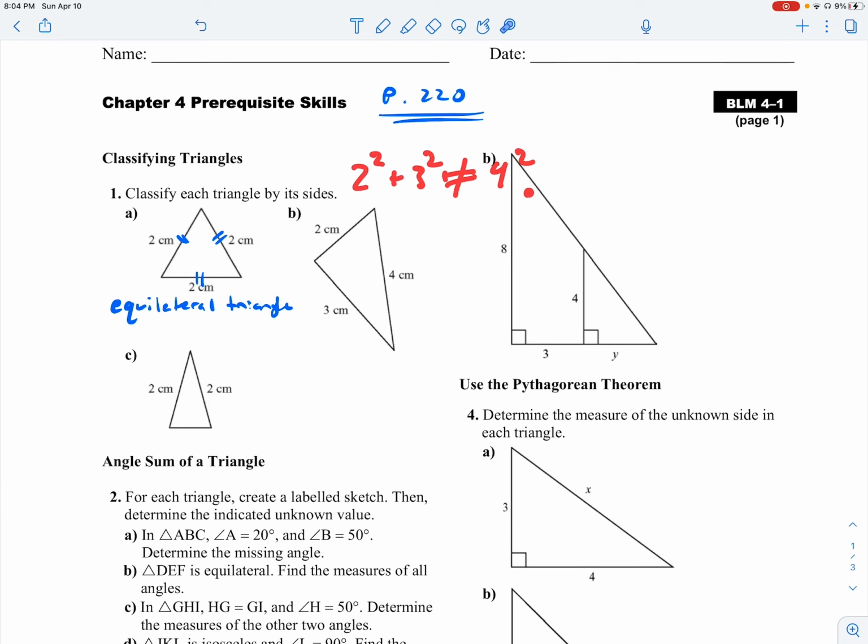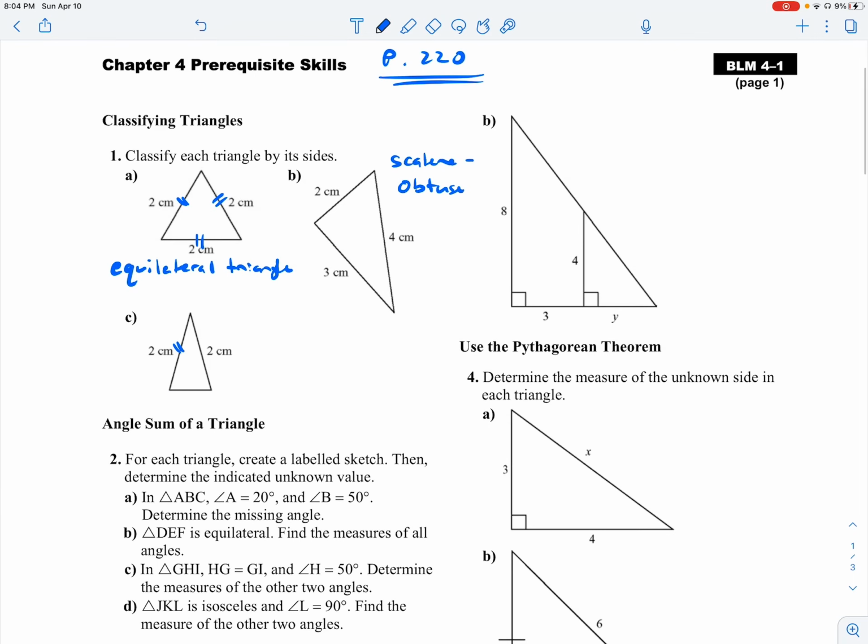I know that's not true, so this can't be a right angle. 2 squared plus 3 squared is 4 plus 9, that's 13. So the hypotenuse would need to be a lot smaller than 4 for it to work out. So this angle has to be greater than 90. That means this is scalene, and we also call it obtuse because the angle right here is greater than 90.